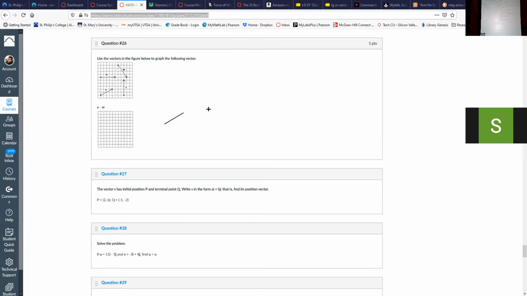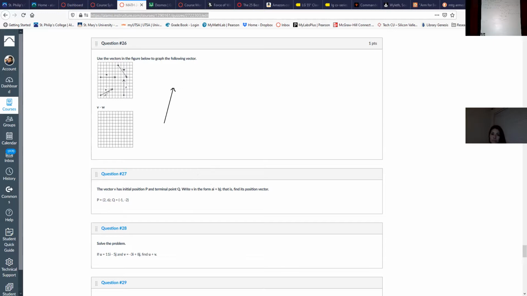W is going this way, right? But they say minus W, so V minus W. So I would switch to the other direction the best that I can. And then the kind of like our hypotenuse, the part that connects it, would be the vector we care about. So the answer would be the resulting vector. So I don't need this anymore. So this guy right here would be the answer.